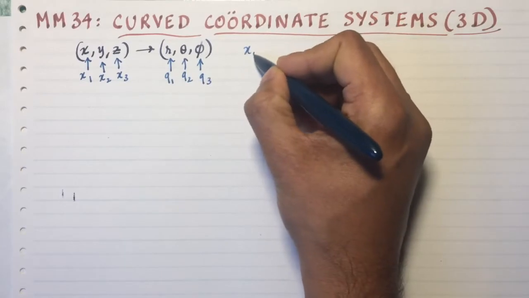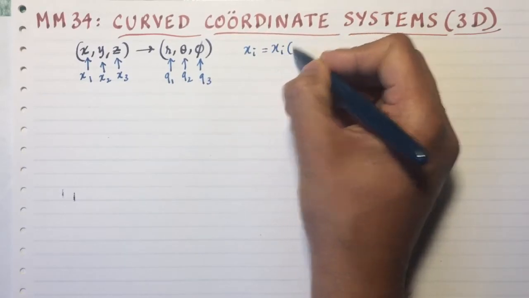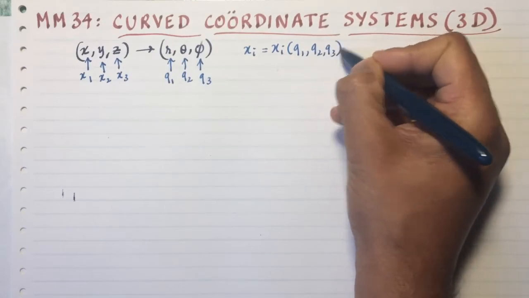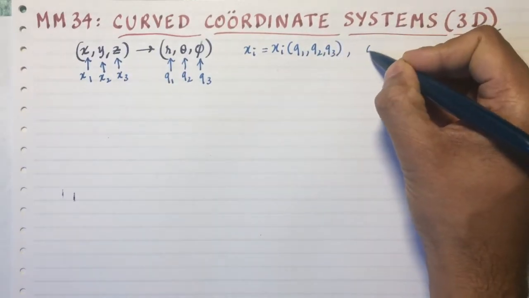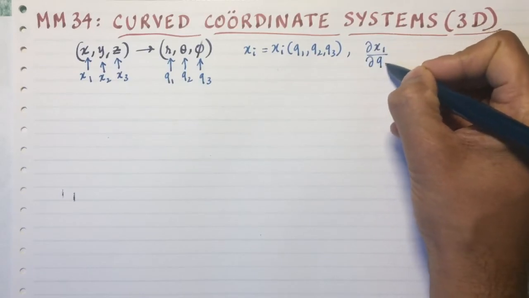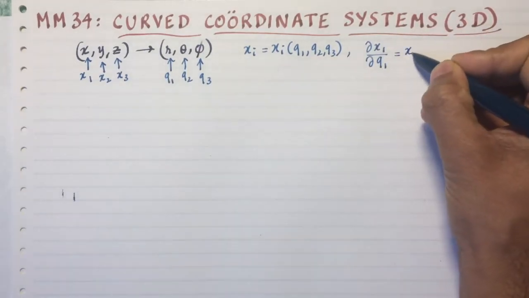So x sub i is going to be a function of q1, q2, and q3. In this scheme, it's also useful to introduce a compressed notation for derivatives borrowed from general relativity.